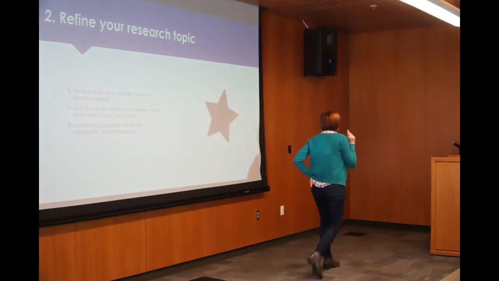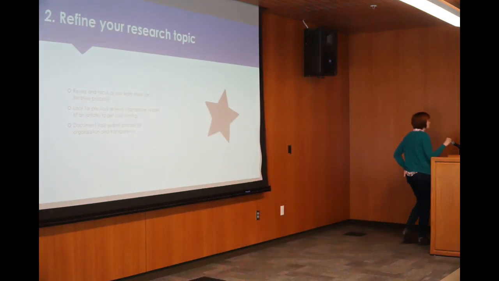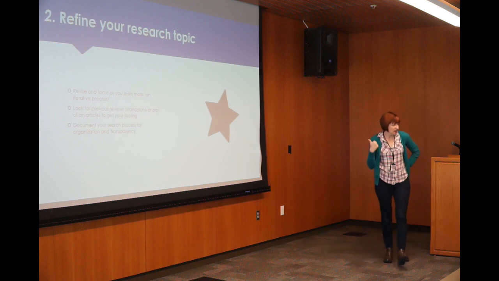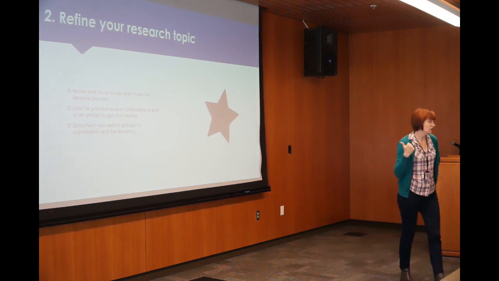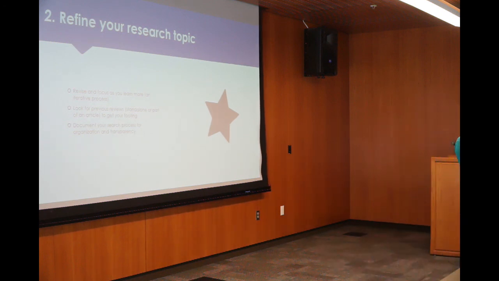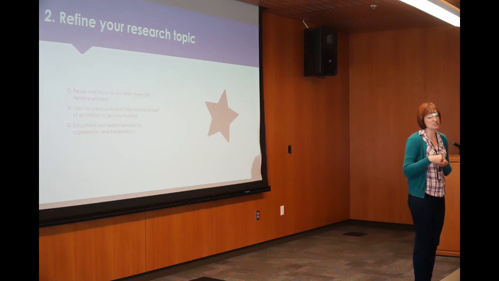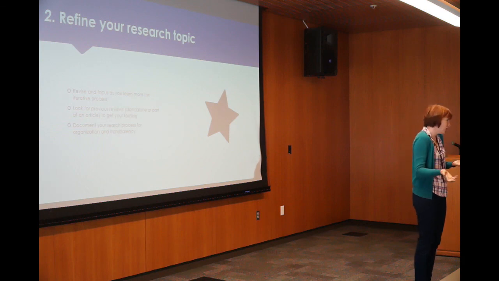So the next thing on here is look for previous reviews, standalone or part of an article. Has anyone found a peer-reviewed article where the whole thing is a review? Okay, so these exist. Sometimes in scholarly articles, you can see the lit review section, and it's just a section, sometimes a few pages, sometimes a few paragraphs.